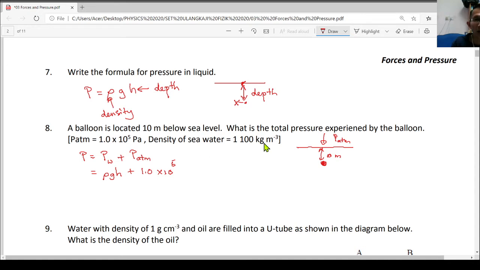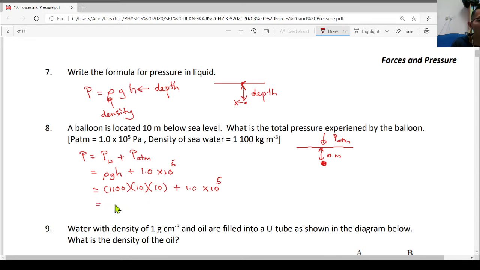Alright, so the units are already in good terms. We have kilogram, we have meter, here we have meter, so everything is fine. So just follow the flow. The density of the water is 1100 multiplied by the gravitational acceleration, that will be 10, and then the depth is 10 meter. Alright, so plus 1.0 times 10 to the power of 5, and then we finish up the calculation.